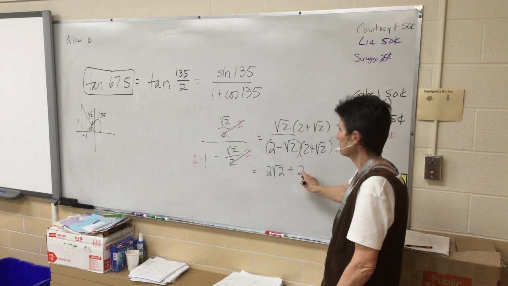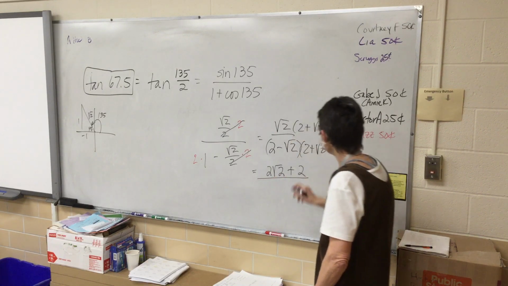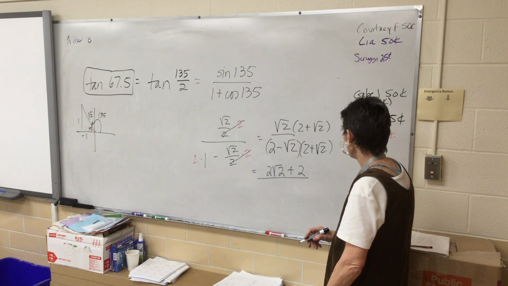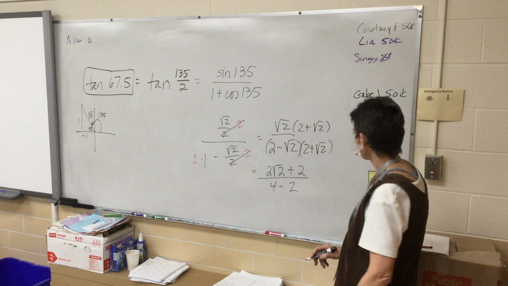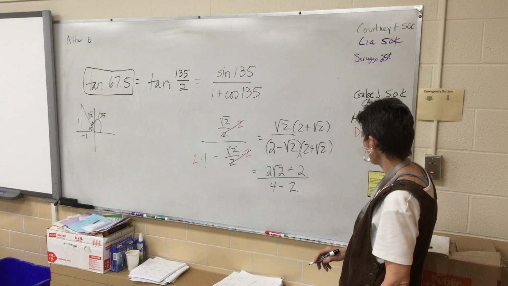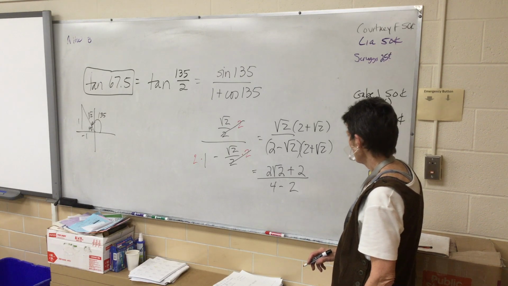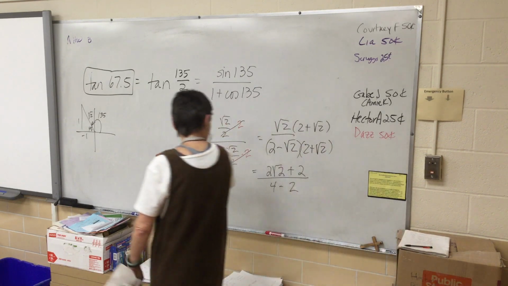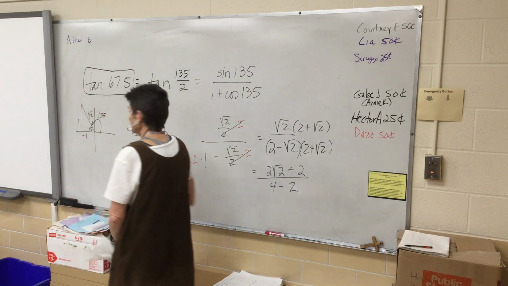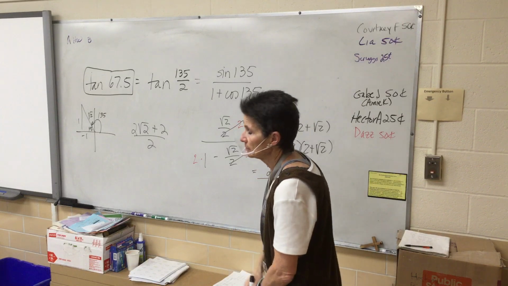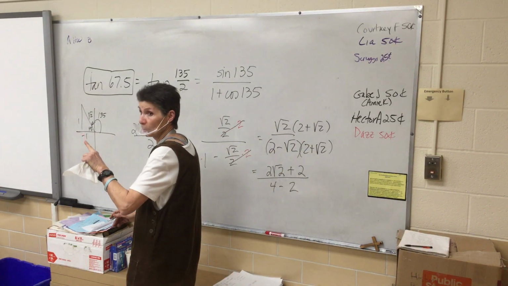Does that make sense? And on the bottom, I get what? 4 minus 2. Check my multiplication. I think that's right. So that is 2 root 2 plus 2 over 2, which is root 2 plus 1.